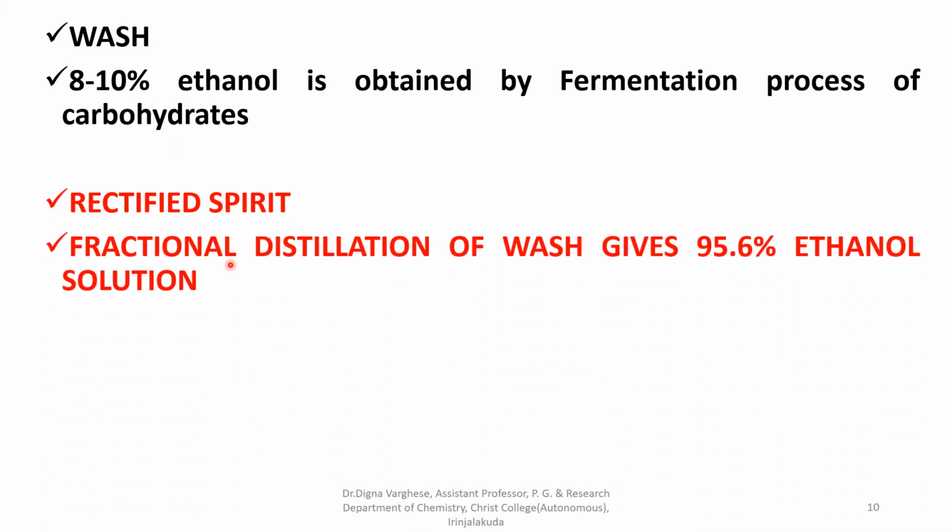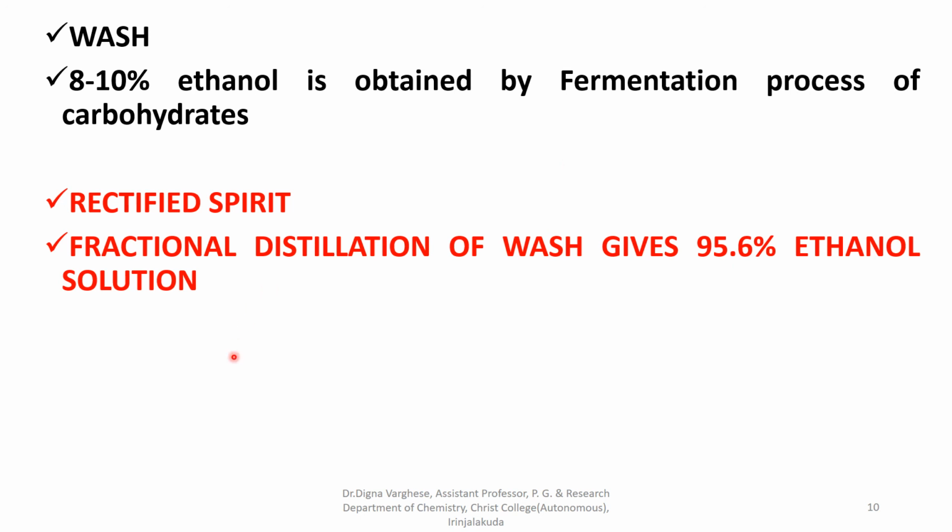Rectified spirit is the spirit obtained by the fractional distillation of wash, which gives a 95.6% ethanol solution. Wash means 8 to 10% ethanol, which undergoes fractional distillation to give 95.6% ethanol solution. That is known as rectified spirit.